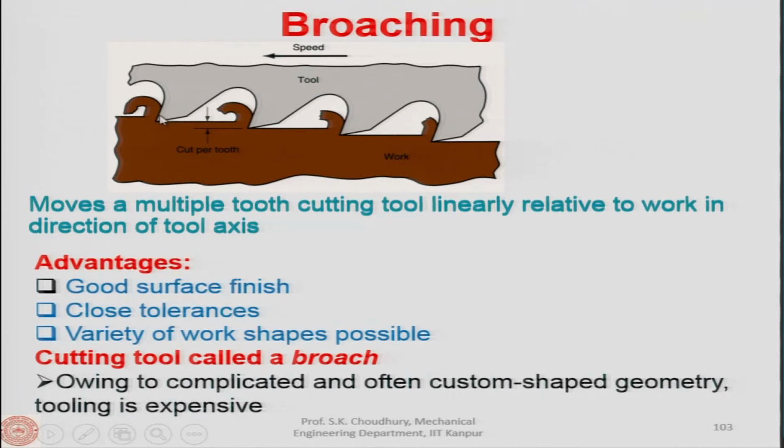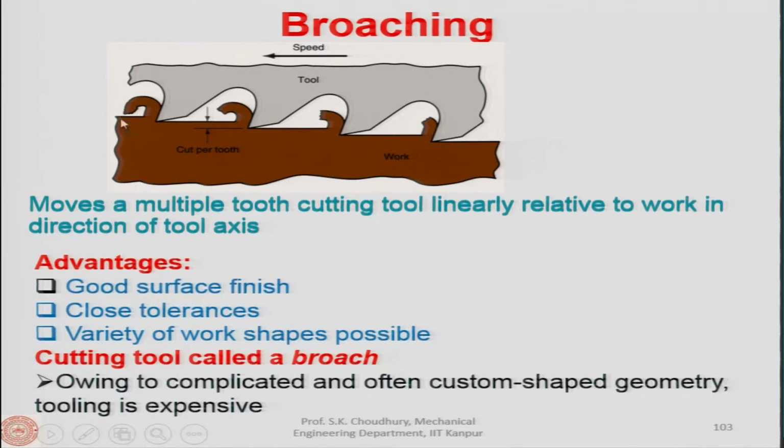This depth is less than this depth, which is less than the next one, and so on. When the tool moves, this is the broach, this is called the broach.